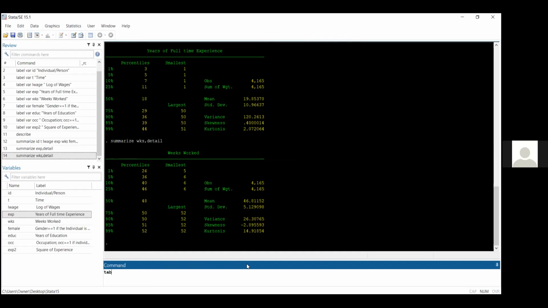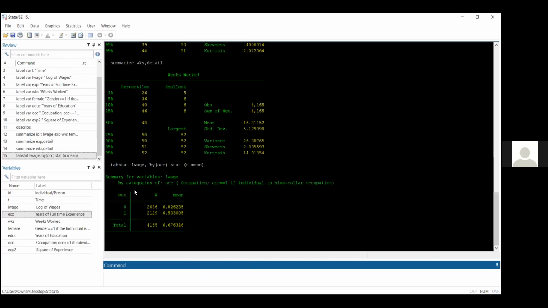I will tabulate the statistics, for instance, of wage, log of wage, but I want this by occupation. And whenever you put a comma, you are giving certain options that tell me about this particular thing. I want you to display the sample and maybe the mean value. And so you can have this log distribution for wages by occupation.